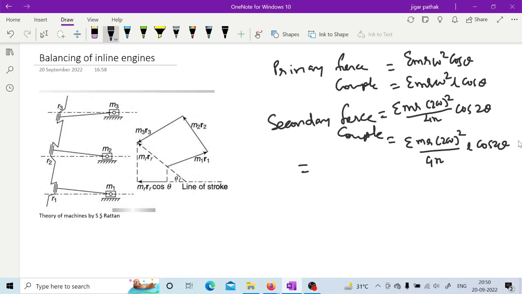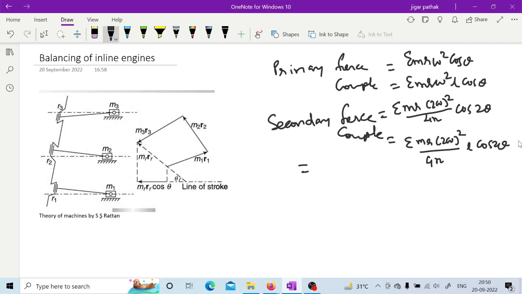So for inline engines you have to consider that the primary force polygon, primary couple polygon, secondary force polygon and secondary couple polygon must all be closed. Only then can you say that these are balanced.